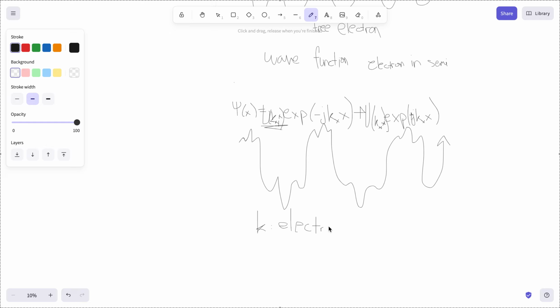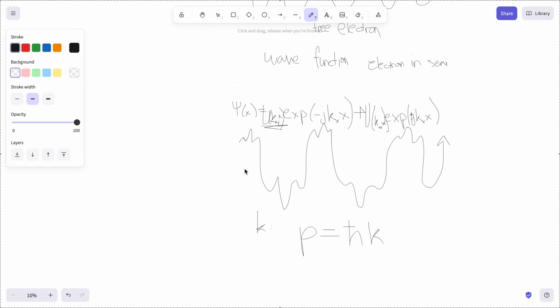In fact, the formula for the electron's momentum is p equals h bar k, where h bar is Planck's constant divided by 2 pi. So k can be thought of as a form of momentum.